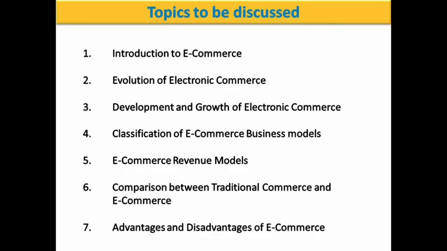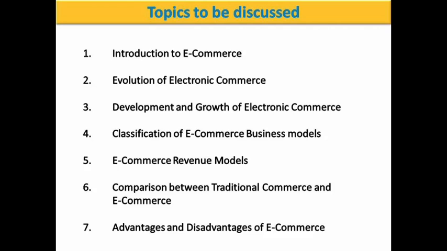These are the topics we are going to discuss under chapter 15. First, we are going to discuss what is e-business and what is e-commerce and what is the difference between e-commerce and e-business. Then we are going to see the history of e-commerce, how e-commerce evolved from traditional commerce to new online commerce.